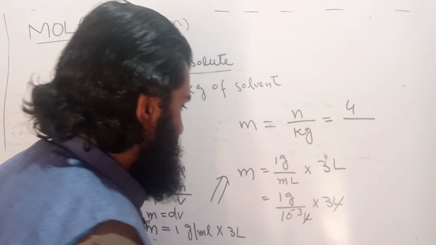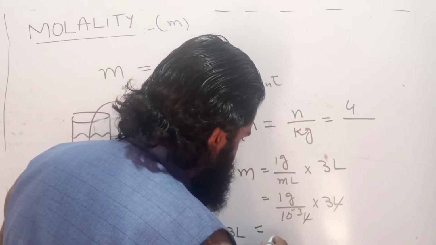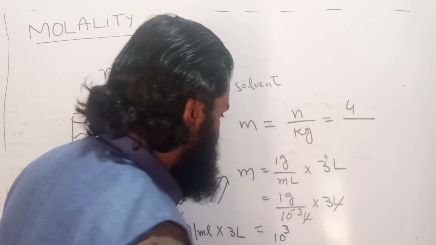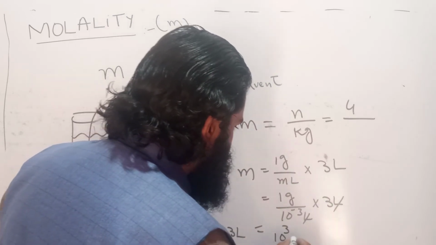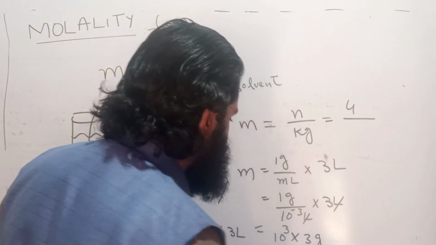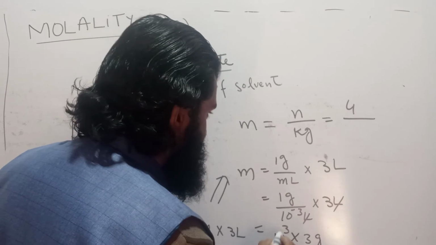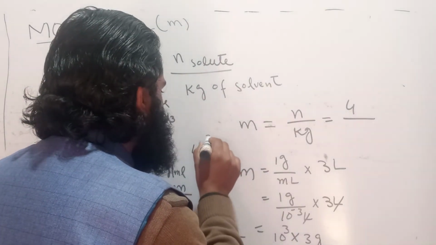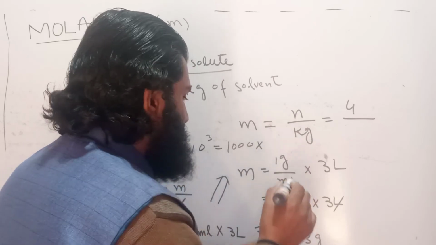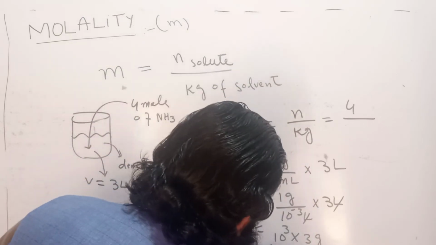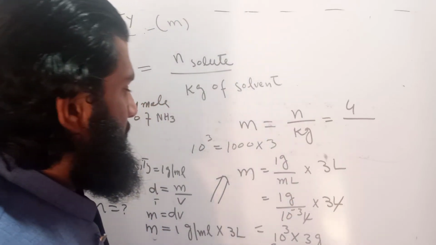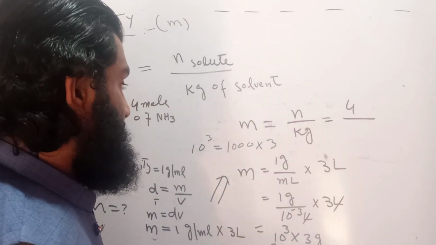The answer is 10 raised to the power 3, it will go up, multiplied by 3 into grams. So 10 raised to the power 3 is actually 1000. 1000 multiplied by 3 is equal to 3000 grams.